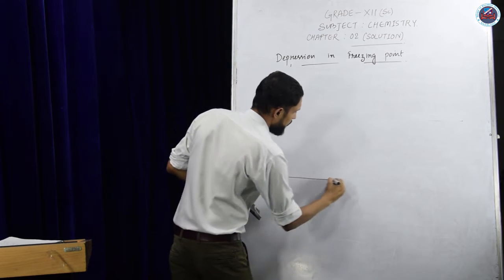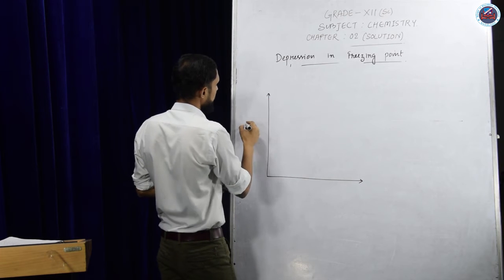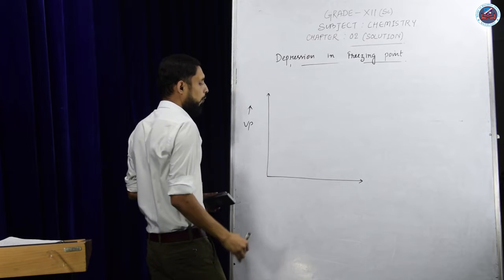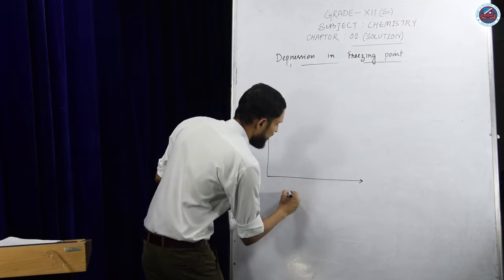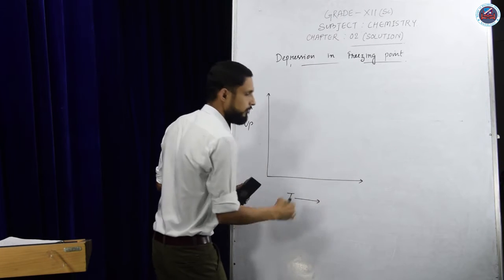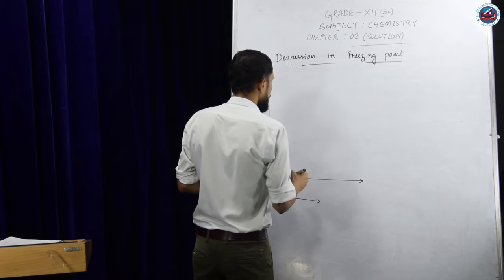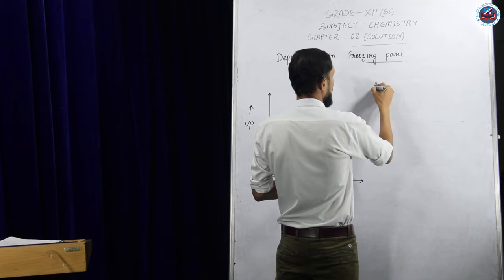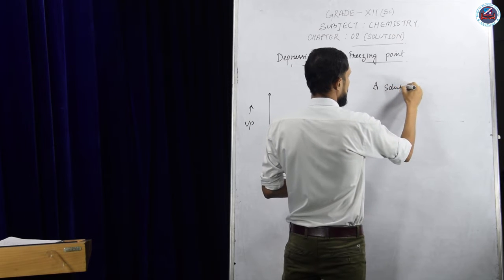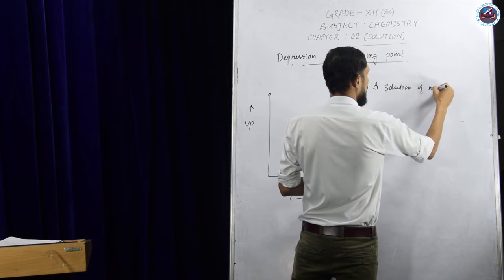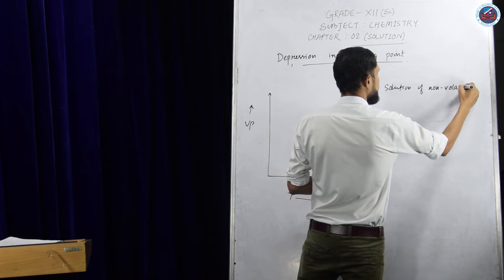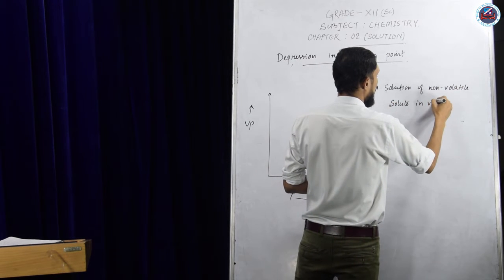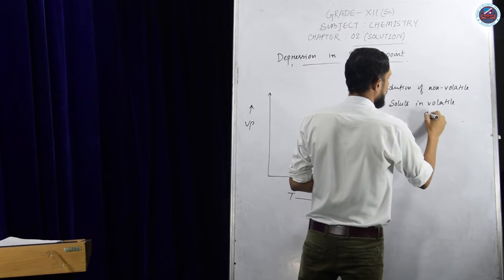So let us take vapor pressure along the y-axis and temperature along the x-axis. For this, we'll also consider a solution of non-volatile solute in volatile solvent.